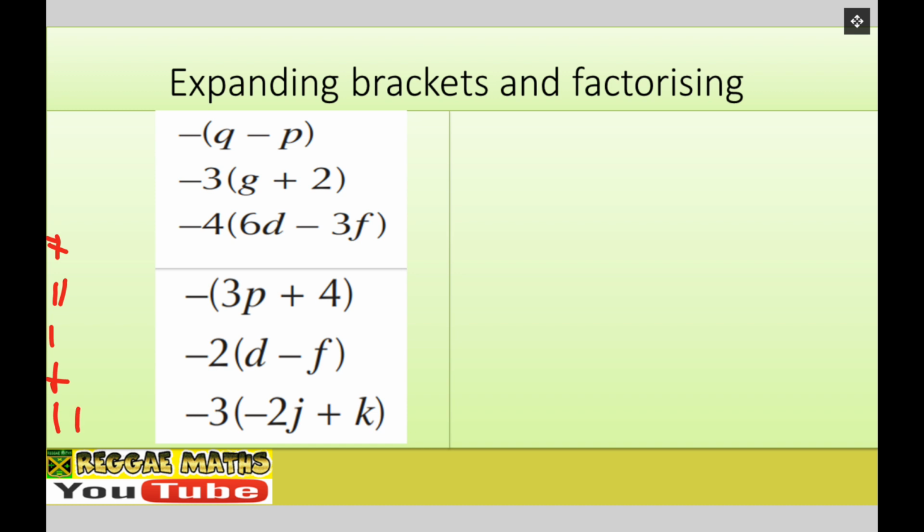A negative times a positive equals a negative. A positive multiplied by a positive equals a positive.